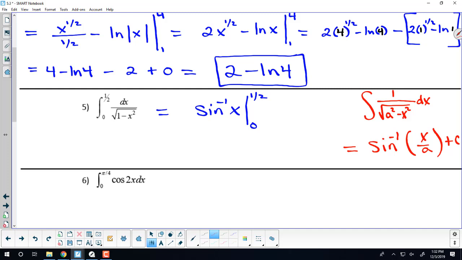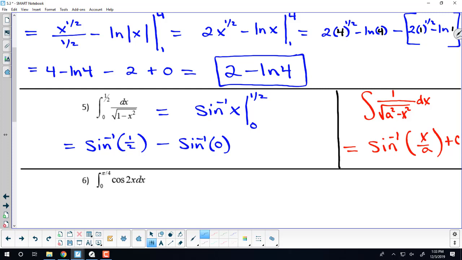Okay, so we apply the fundamental theorem of calculus, evaluating inverse sine at 1/2 minus the inverse sine of 0. So what's the inverse sine of 1/2? In other words, the sine of what angle gives me 1/2?